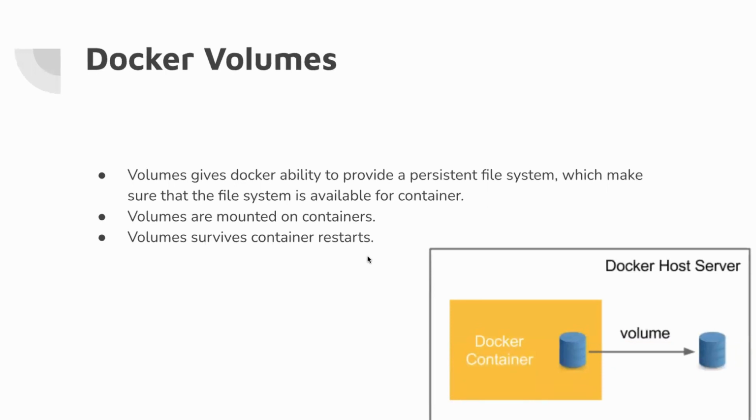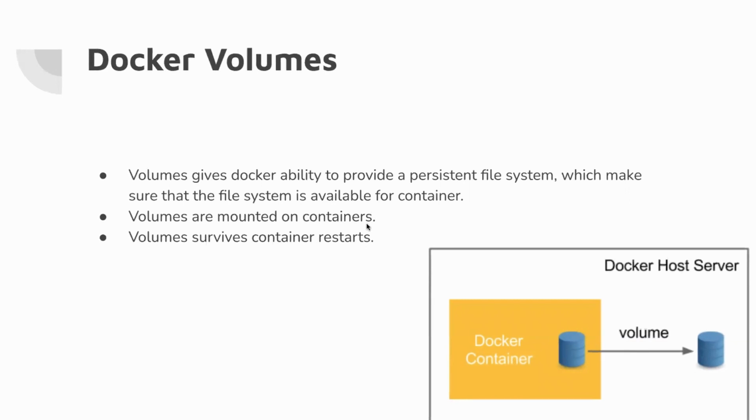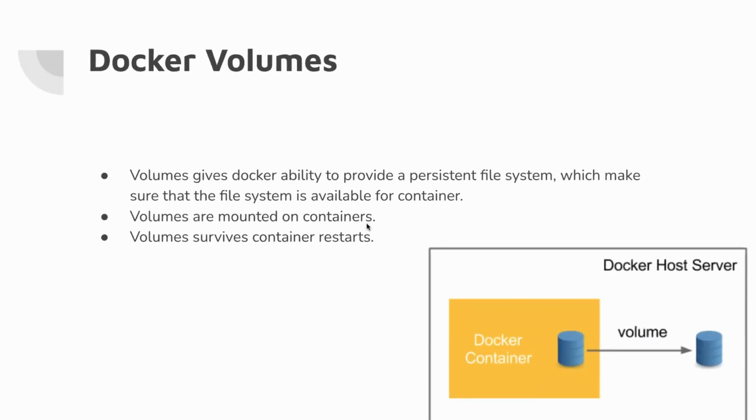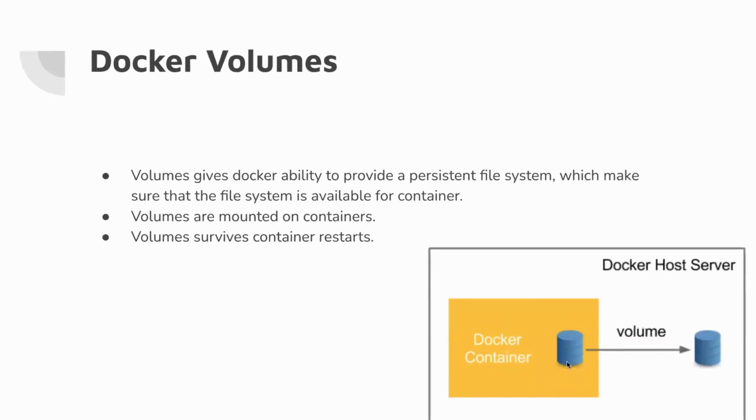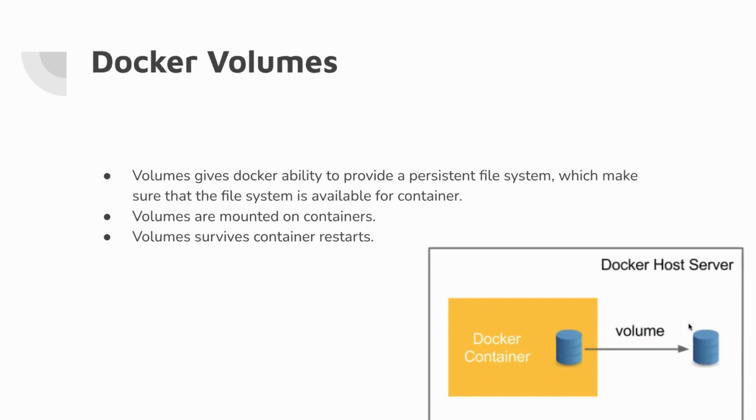To solve this problem and to have persistent file storage, Docker has Docker volumes. With Docker volumes, you attach a folder in your host system to a folder inside Docker. Basically we mount the host folder on the Docker folder, and the Docker process can directly access it. Let me explain it easily. This is the Docker container, and let's say it has this folder inside it, /data. You created one folder in your operating system called data, or anything else you want.